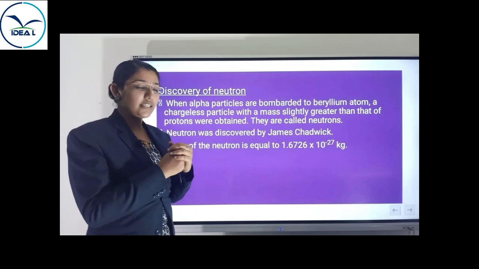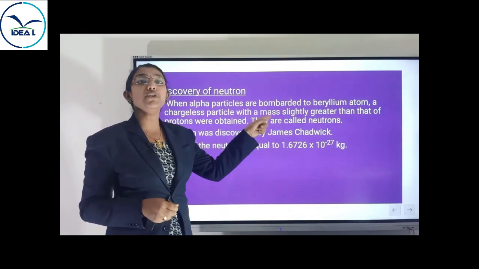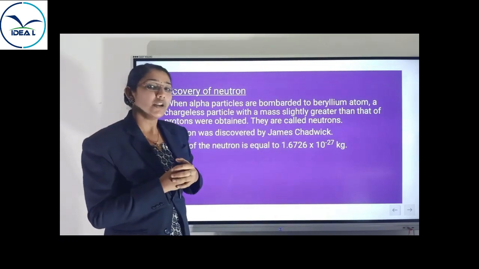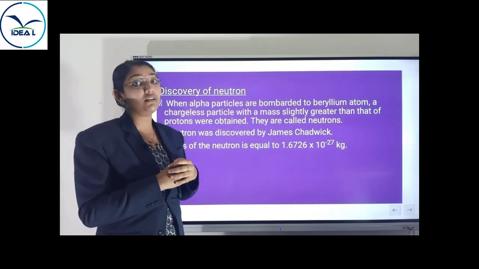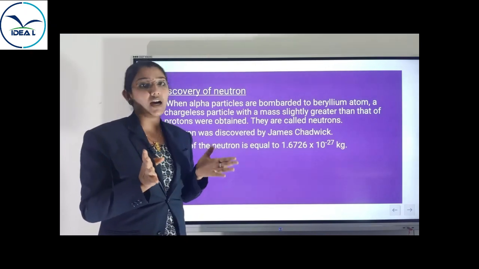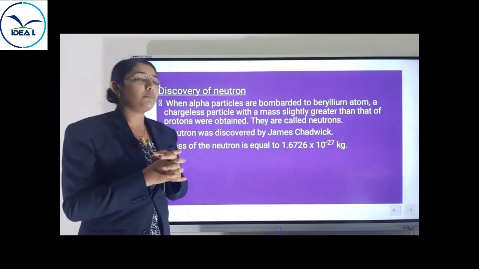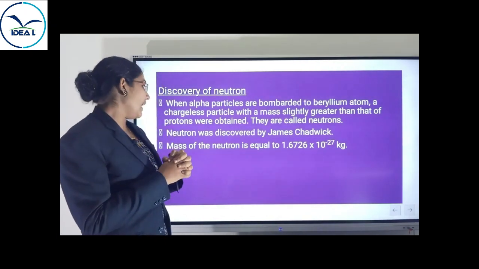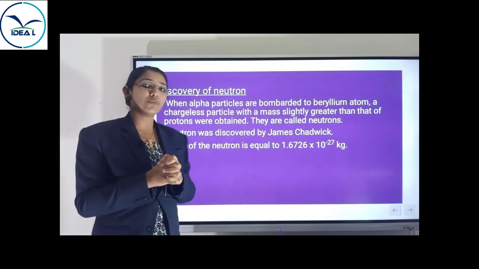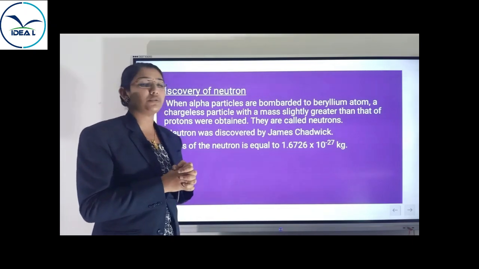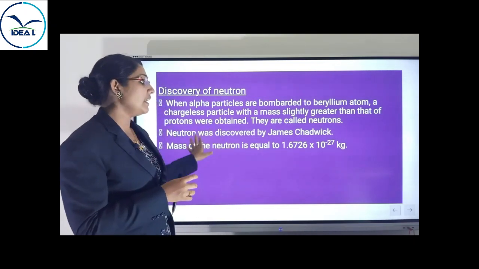And that chargeless particle was called neutron, which means that neutron is a subatomic particle which carries no charge. It is neutral. Neutron was discovered by James Chadwick, and the mass of the neutron is equal to 1.6726 into 10 raised to minus 27 kg.